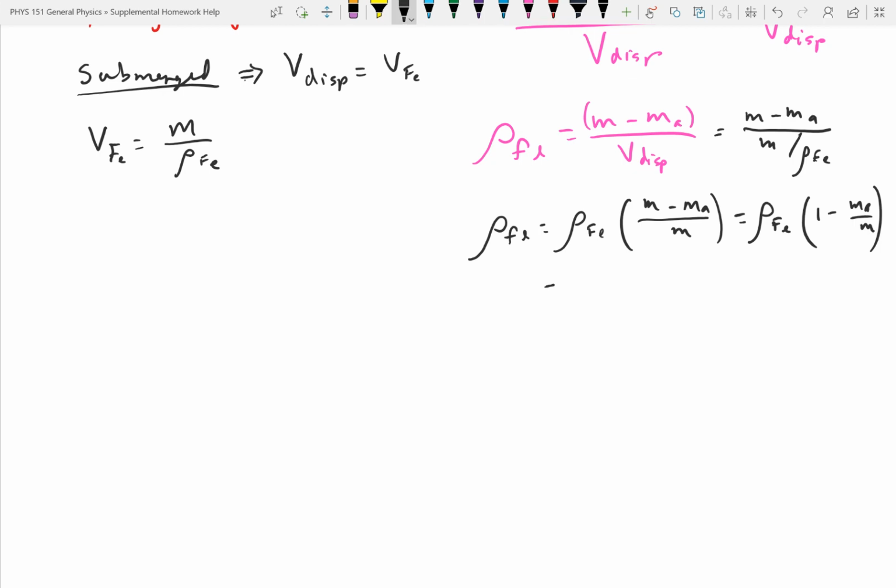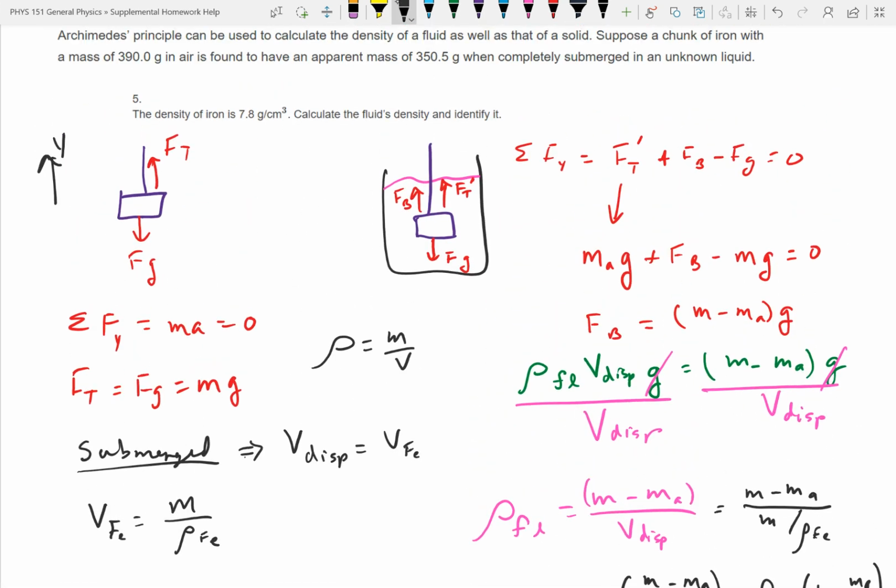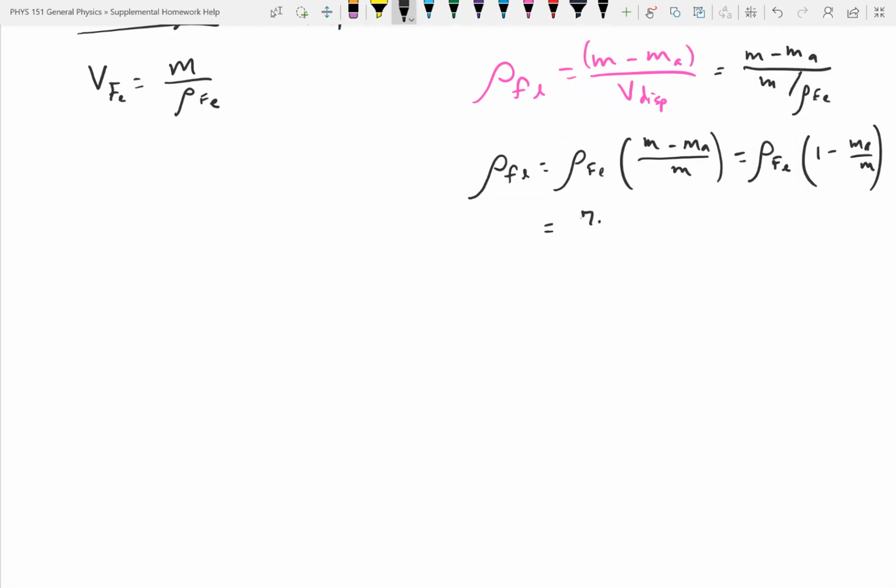So now we just put in our values. We were given that the density of iron is 7.8 grams per centimeter cubed, times 1 minus the apparent mass, 350.5 grams, over the actual mass, 390.0 grams.